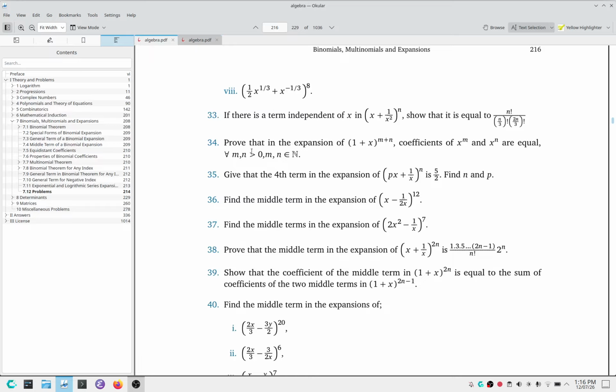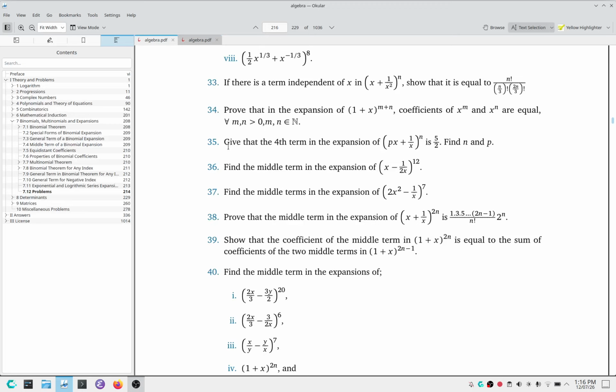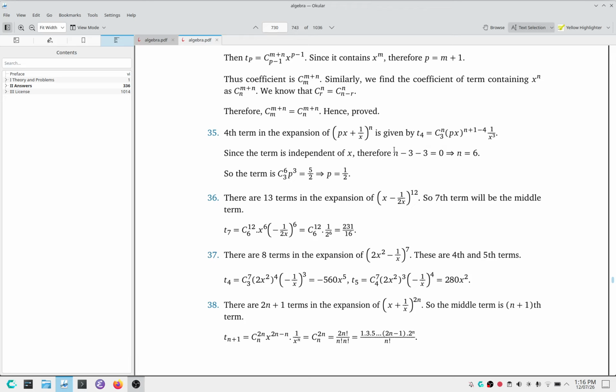Question 35 says prove that in the expansion, sorry, this is not 35. 35 is, given that the fourth term in the expansion of px plus 1 upon x, raised to the power n, is 5 upon 2, find n and p. So the fourth term we find is nC3 times px raised to the power n plus 1 minus 4, times 1 upon x raised to the power 3.